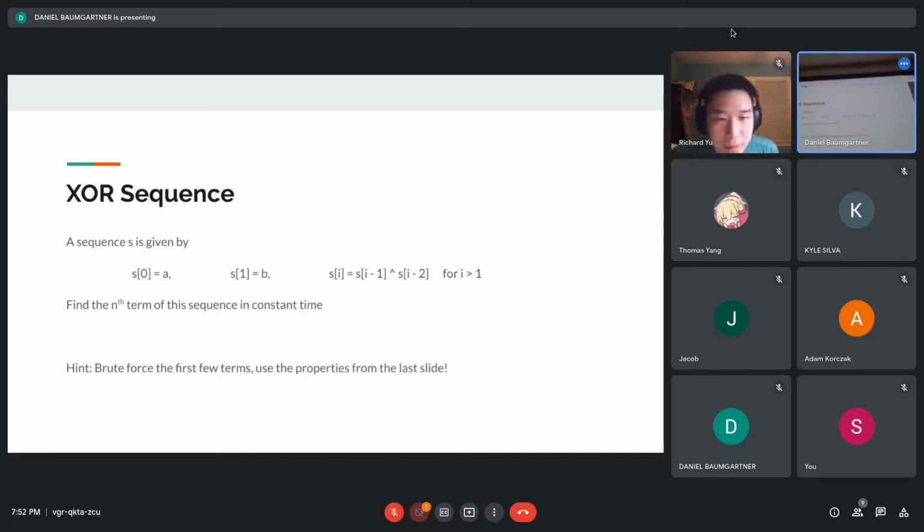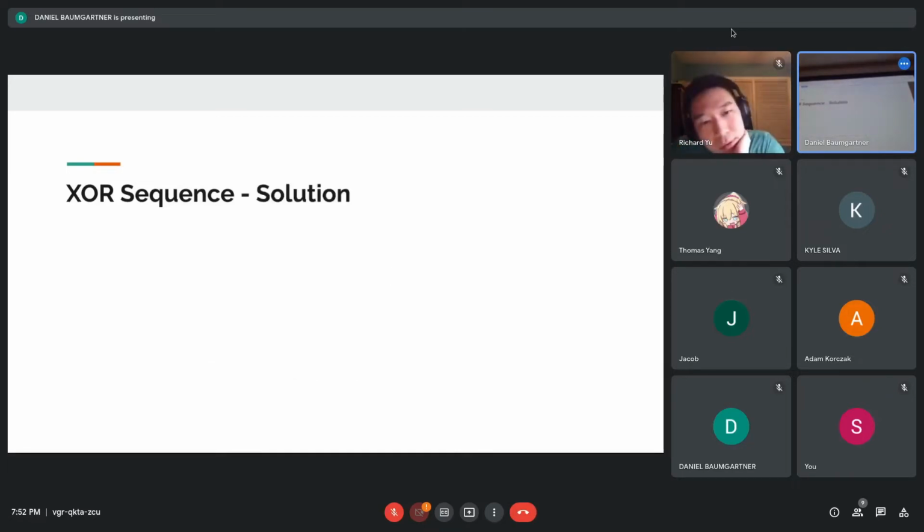If anyone has an idea, volunteer. It just repeats, like we see it in the cycle. All right, so we have an observation, and that observation is going to be useful once we do this. All right, brute force, right? We have the definition of the next term.